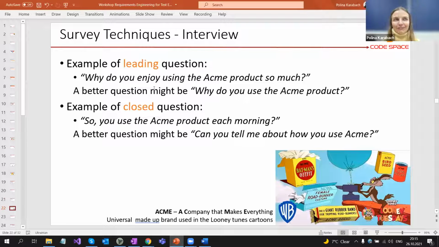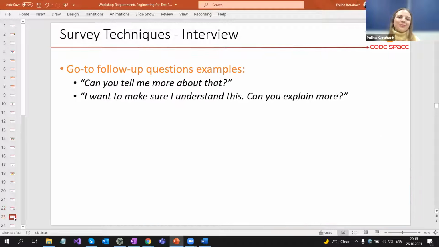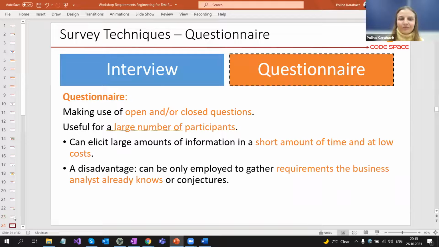The answer is just yes and no. Instead, we can say, can you tell me more about how you use the Acme? Acme is a company that makes everything that's from the Warner Brothers movie cartoons. Follow-up questions. Can you tell me more about that? I want to make sure I understand this. Can you explain to me more?